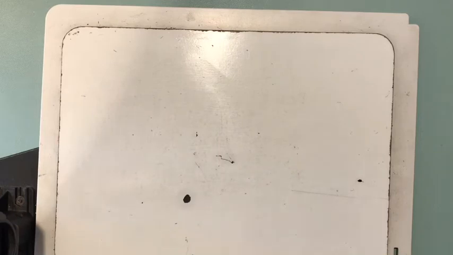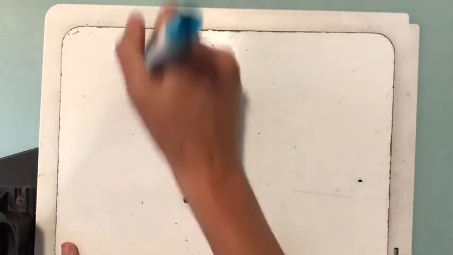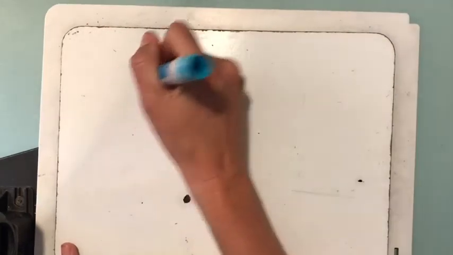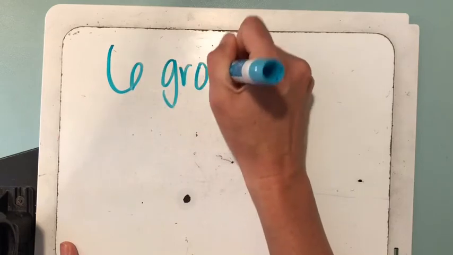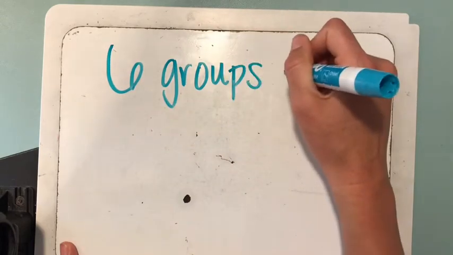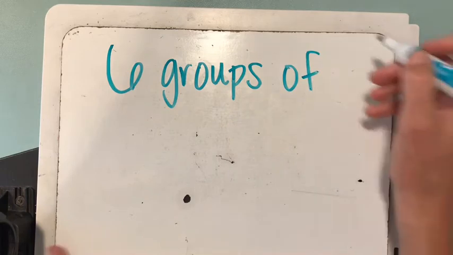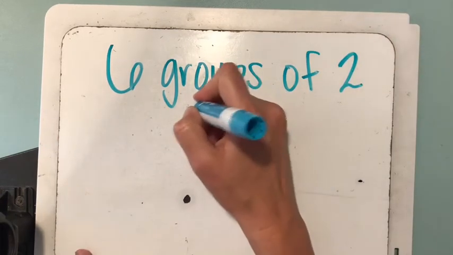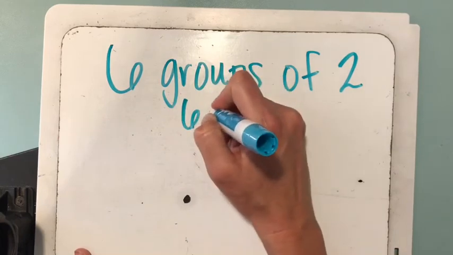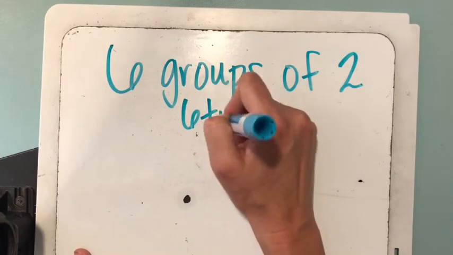Okay, we're going to do another one here. Okay, let's see. Now I want you to do a repeated, we're going to do 12 counters again, but we're going to do 6 groups of 2. 6 groups of 2, or 6 2s, right?